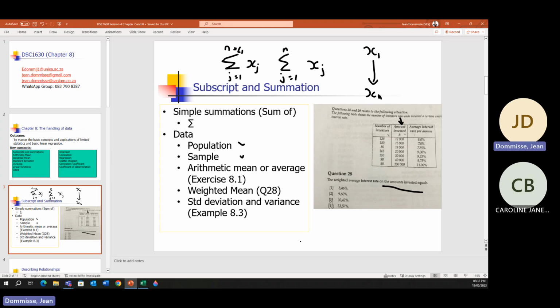If it is a smaller set of data, they can maybe ask you to tell them what this amount is.